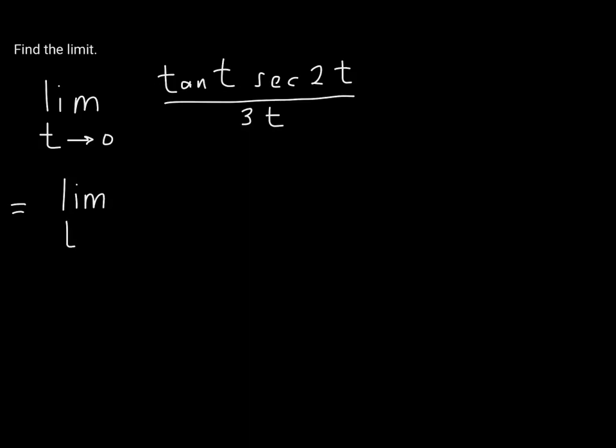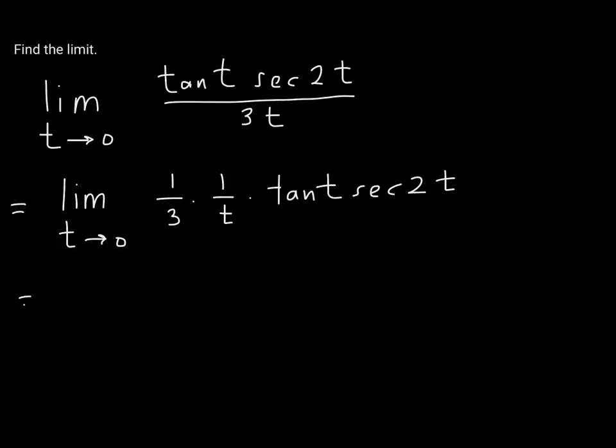The limit as t goes to 0. I would like to write this as 1/3. Instead of dividing by 3, I want to write it as multiplying by 1/3. Also, instead of dividing by t, I want to write that as multiplying by 1 over t, right? And then you have tan t times secant of 2t. All right, very good.